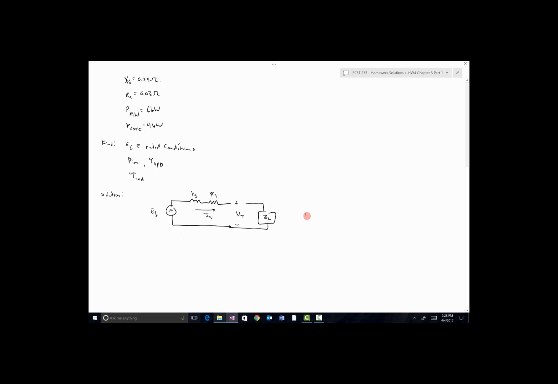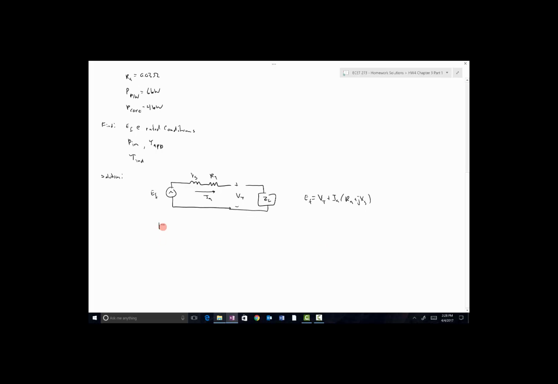So we just have EF is equal to the terminal voltage plus IA times (RA plus jXS). That's the circuit model for that. We need to determine what the magnitude of IA is. That's just the per phase power divided by the terminal voltage.